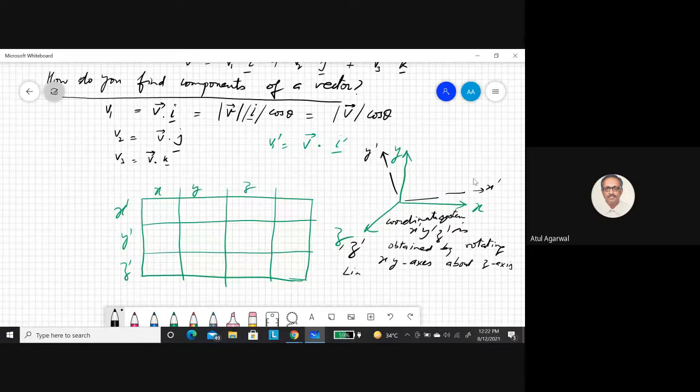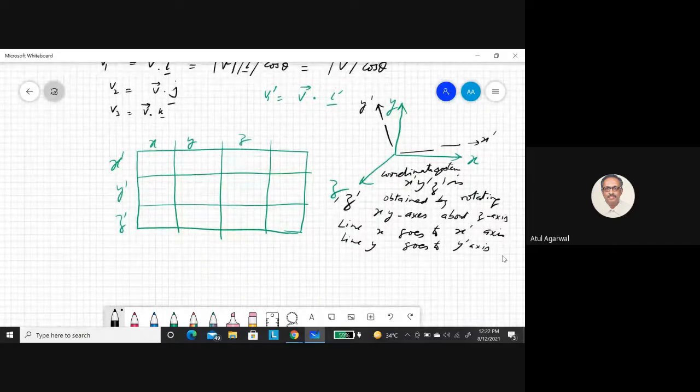So x goes to x prime, y goes to y prime axis. Basically, the x axis goes to the x prime axis, the y axis goes to the y prime axis, and the z prime axis remains the same as they are rotating about the z axis.